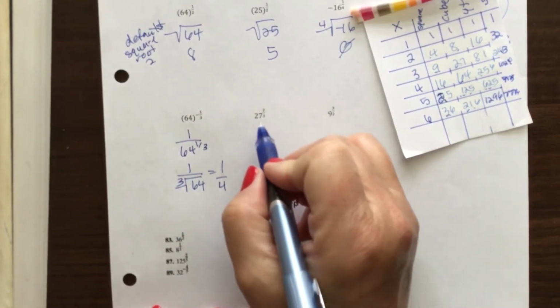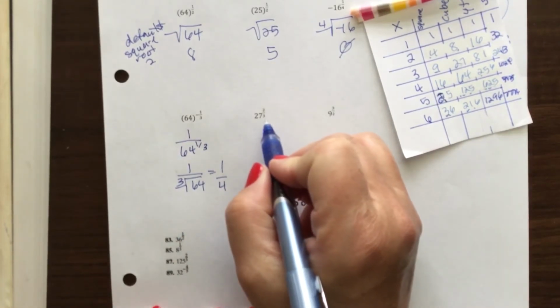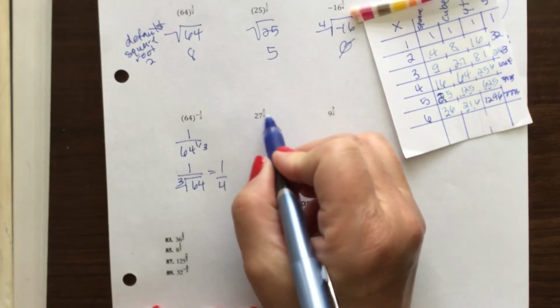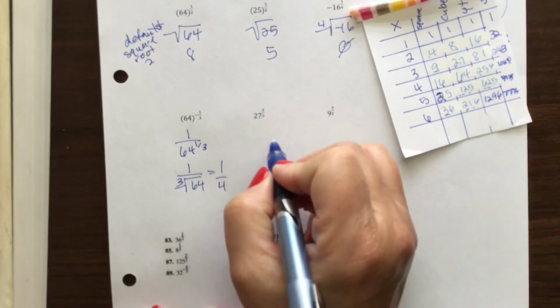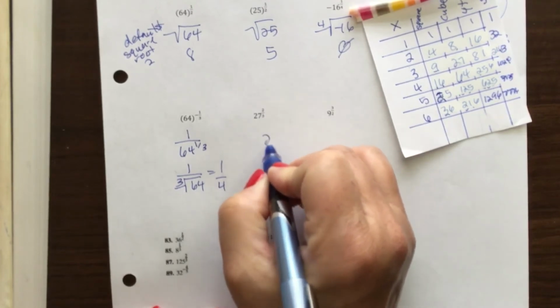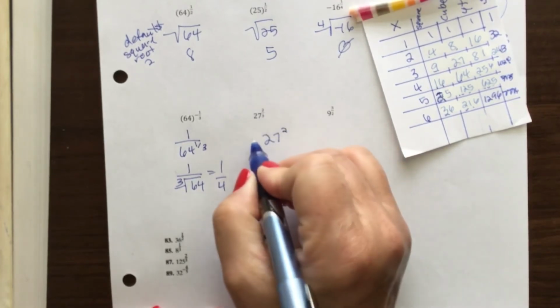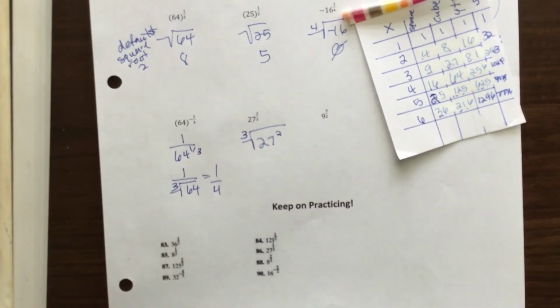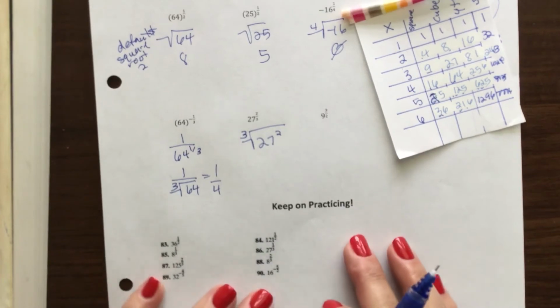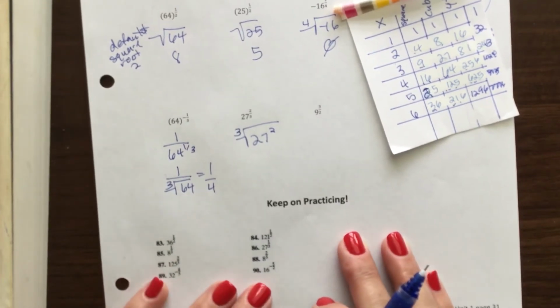Okay, now this one is not negative, but this time we finally have a power in here. We have 27 squared. So what this means is 27 squared, but I'm going to take the third root. So you can do this 2 different ways. There's more than one correct way to do this.